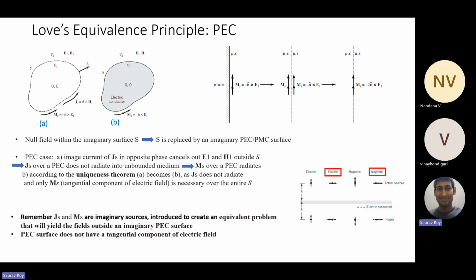Now you see how the directions vary. If you take an electric source, that would have some configuration for the image. If you take a magnetic source, J_M is the magnetic current density and J is the electric current density, and that will have some other configuration.